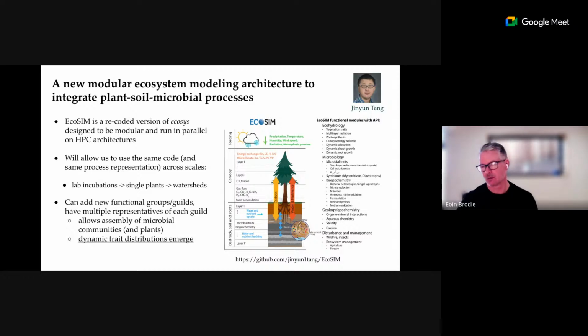So that way we can have different versions of the hydrogenotrophic methanogens, methanotrophs, etc., with different kinetic parameters, so that the community can assemble over time, and then the kinetic trait distributions emerge over time. We believe that will give us an improved representation of fluxes, or closer to the observations that we make.